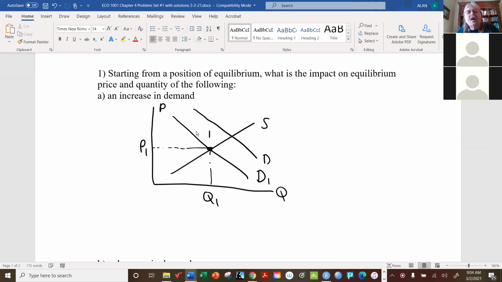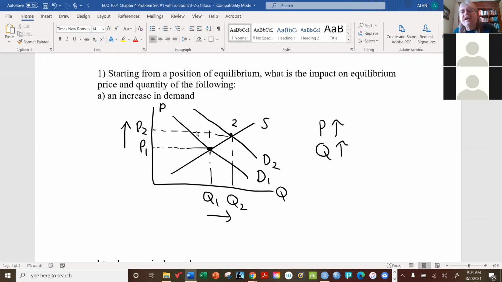And it doesn't matter why this is happening. What matters is that you can see that the price went up and the quantity also went up. I'm using these little arrows as shorthand to indicate that they both went up.